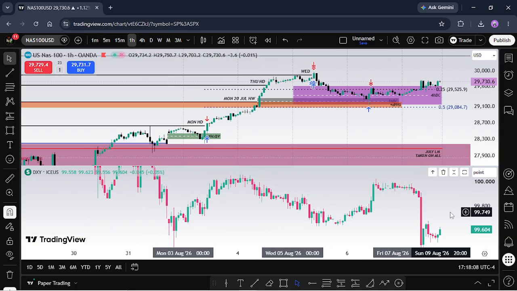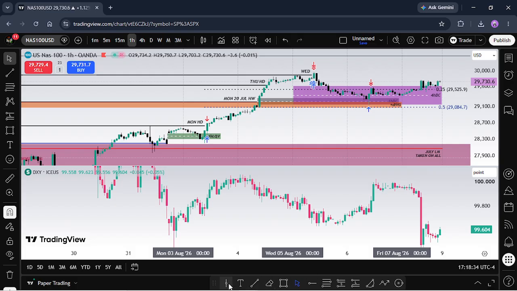Here it was going up. As price was going up, it was also going up. Tuesday, it was going down. This was going up. Wednesday, it started going up. Okay, that explains this down move. So here it's a higher high.